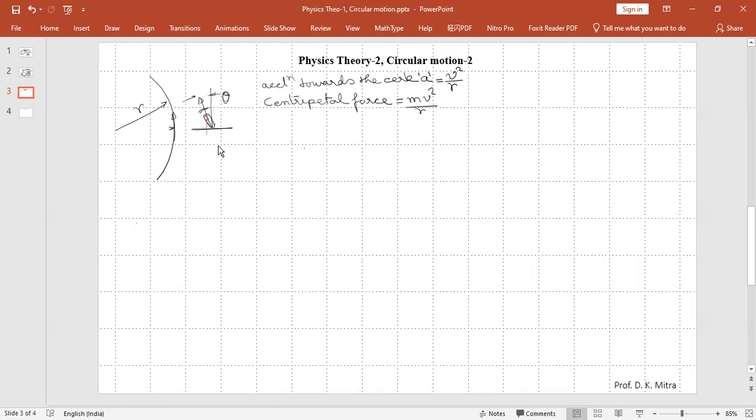Suppose this is your gravitational force, and there is a component of this force towards the left, a component of the force towards the left. And this force provides you the centripetal force and makes it easy for you to take a turn.